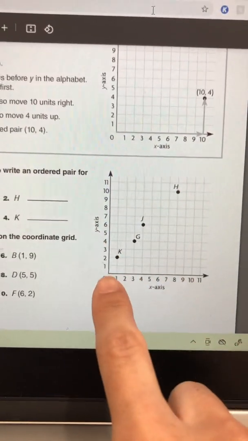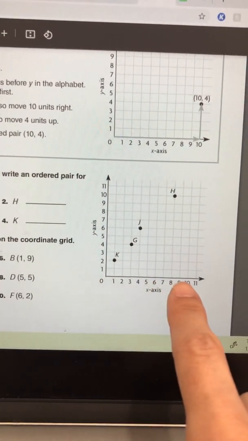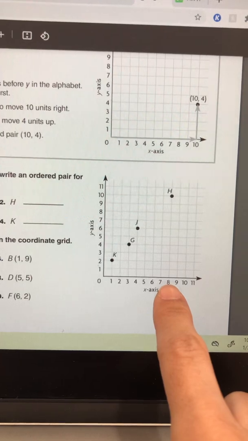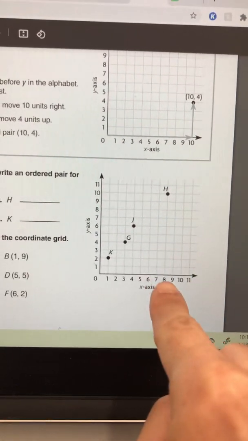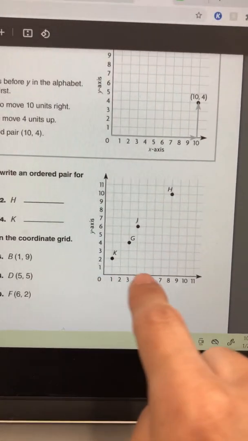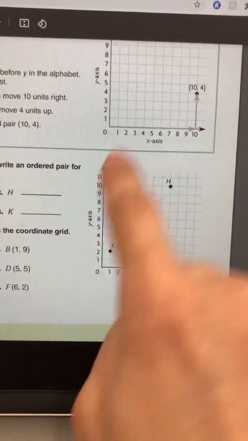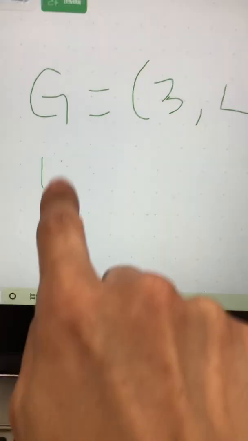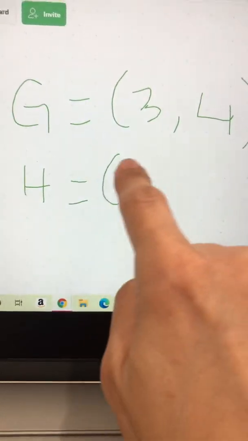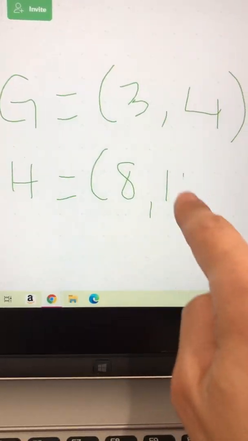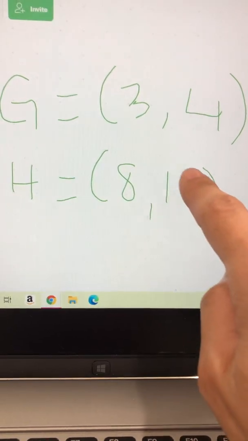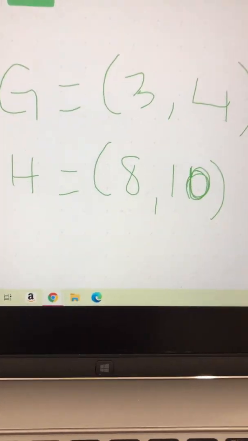So we're going to start down here and we're going to run all the way to 8. It's right here. That's where it is. It lines up with the number 8. So we run to 8 and we jump to 10. So for H, we said it ran to 8 and jumped to 10. That looks like a 16, but it's a 10. Okay?